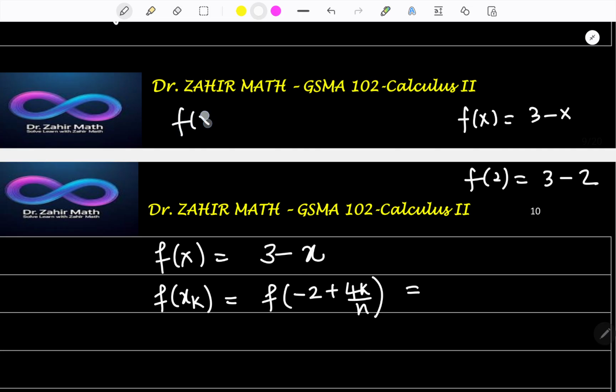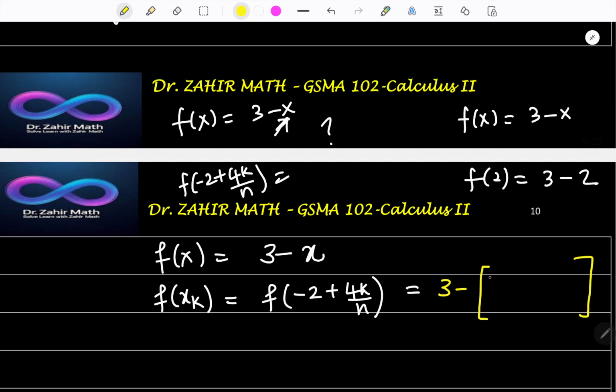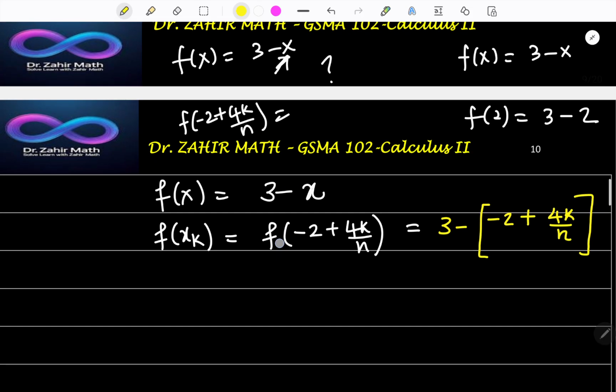Now what is your f of x? Your f of x is 3 minus x. What they are asking is f of minus 2 plus 4k divided by n. So you are going to put x is equal to what? This value. So this equals 3 minus, for the x place we are going to put minus 2 plus 4k divided by n.